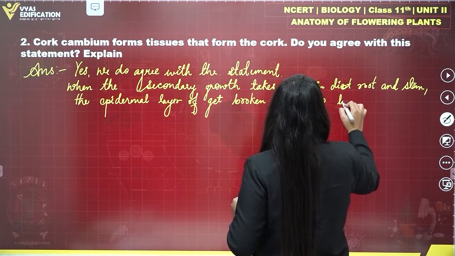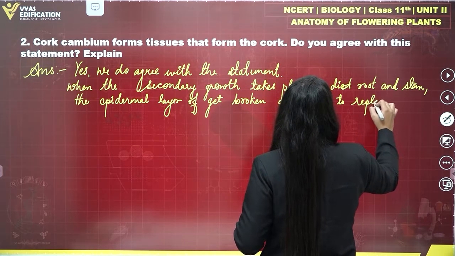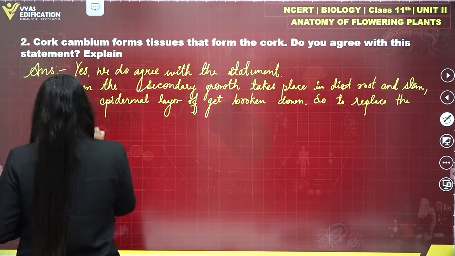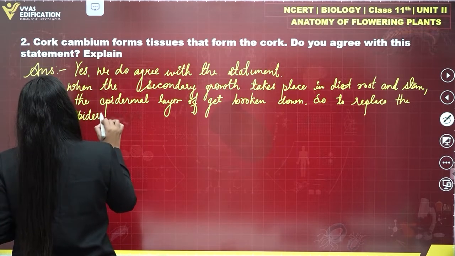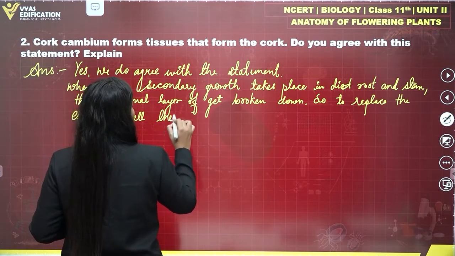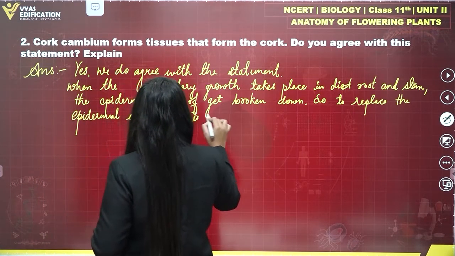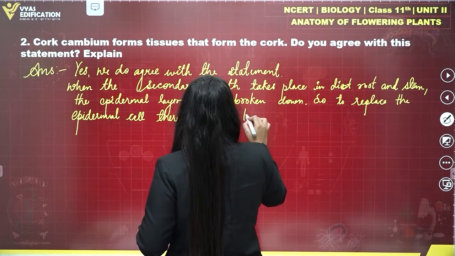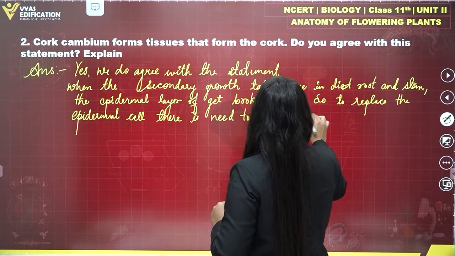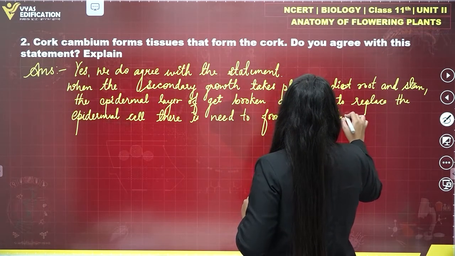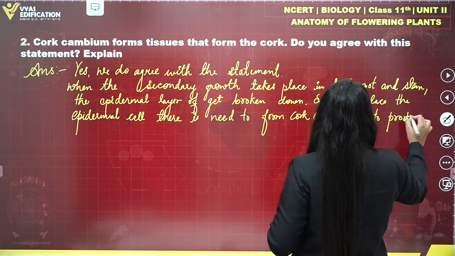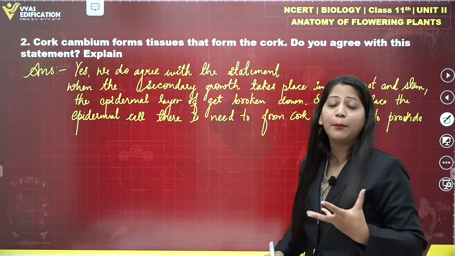So, to replace the epidermal cells, there is a need to form cork cambium to provide protection to stem and root from infection, right? Why is this cork cambium developing or forming?